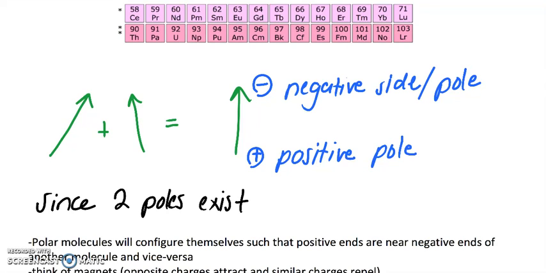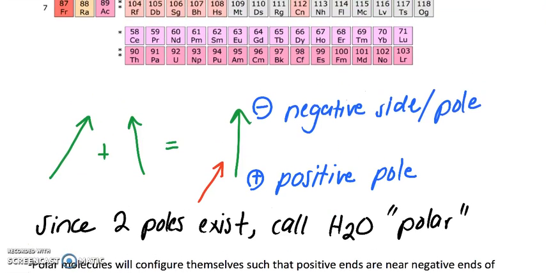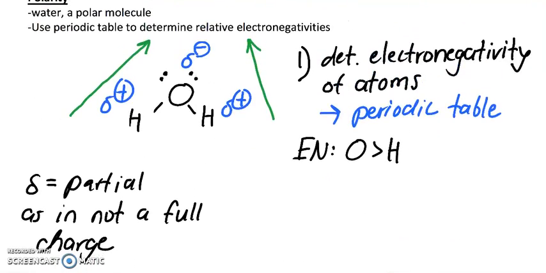Since two poles exist, we call H2O polar. So this is why a water molecule is considered polar.